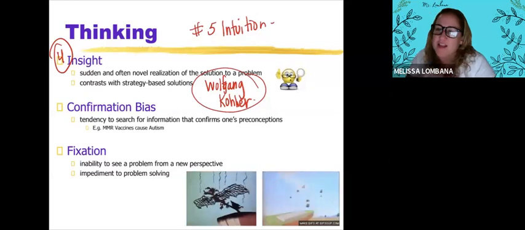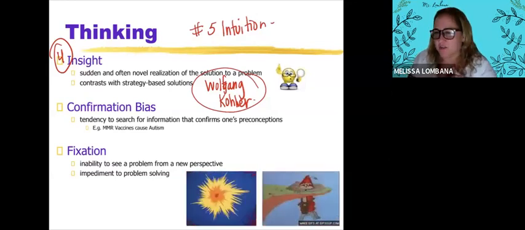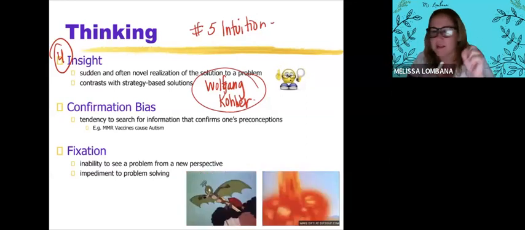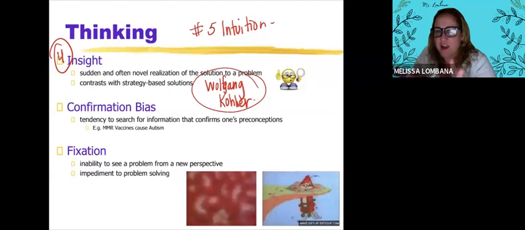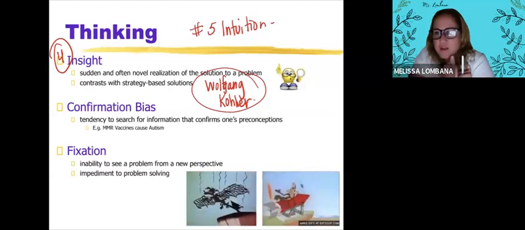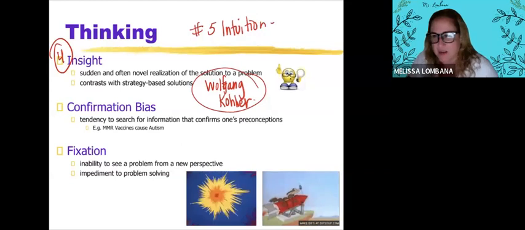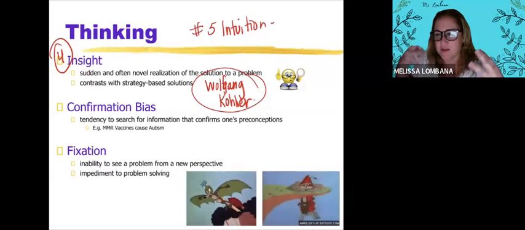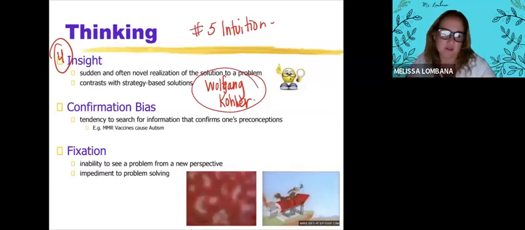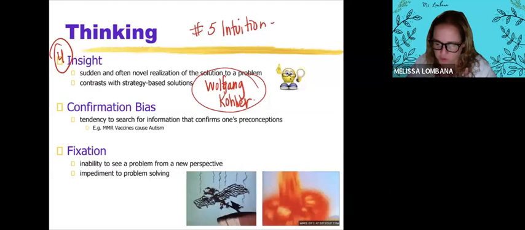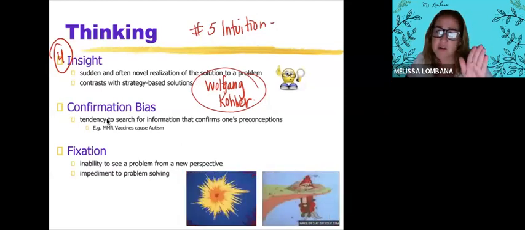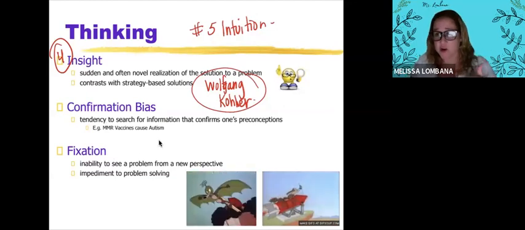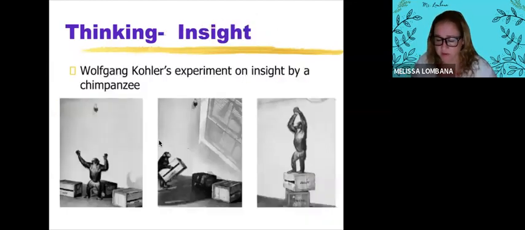So they're saying that intuition is not so much a gut feeling, but more that your brain has figured it out with all the schemas and the patterns that we all have, so it's as if you just automatically knew that that was the answer. But they're saying it seems like your brain is still problem solving without you even realizing it's doing it. So that's that. Now, I'm not going to go into confirmation bias and fixation because these are actually the problems that can occur when you are problem solving. So we'll get back to that.